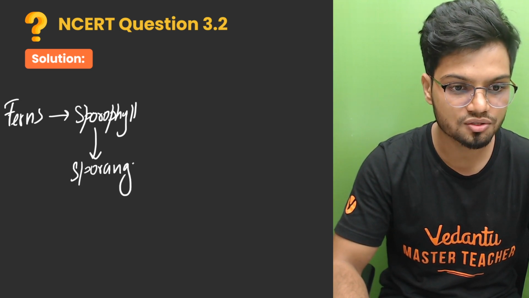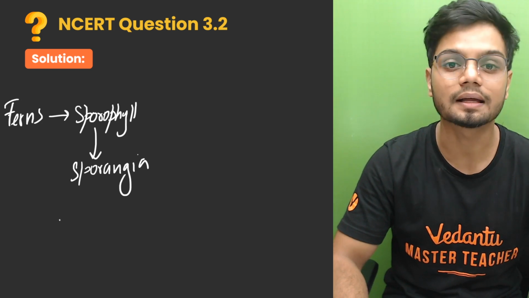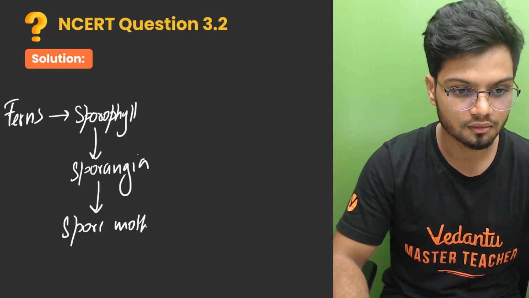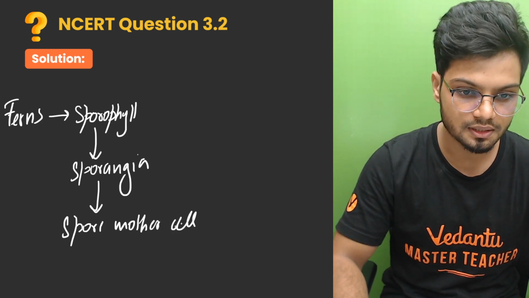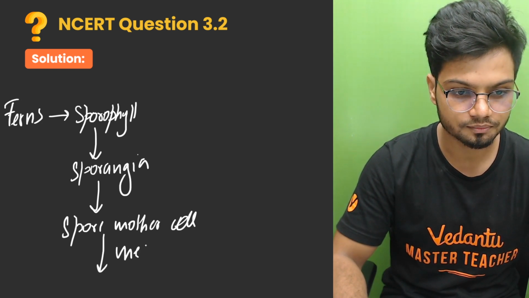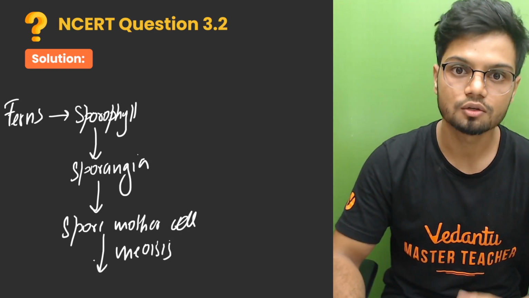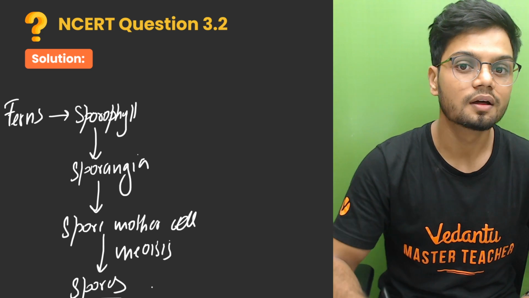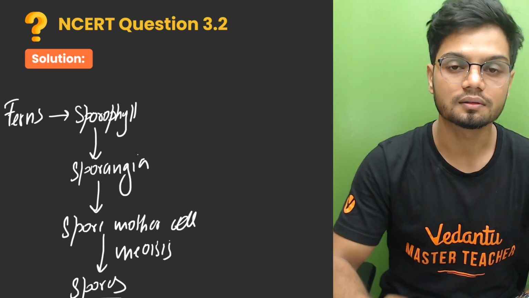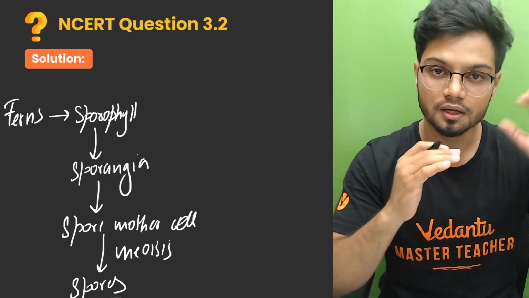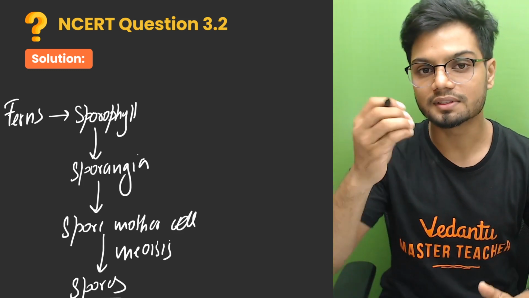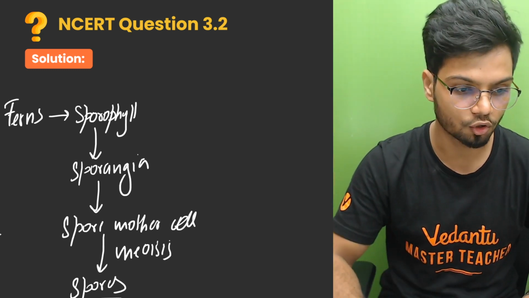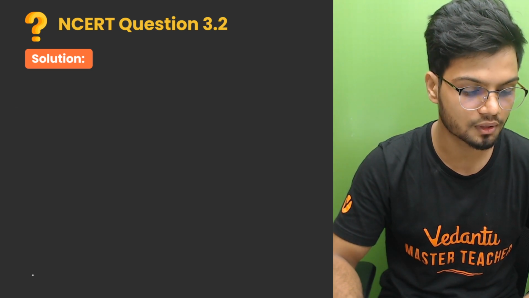The sporangia has an internal structure known as the spore mother cell, which undergoes meiosis to produce spores. So it happens in the sporangia present on the sporophyll in ferns. I hope that is clear.